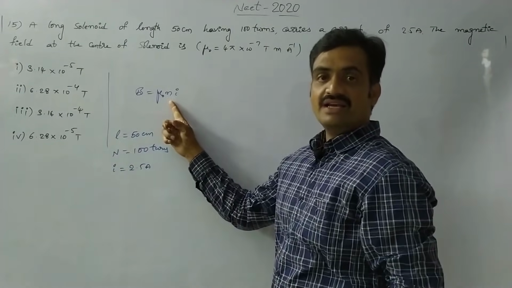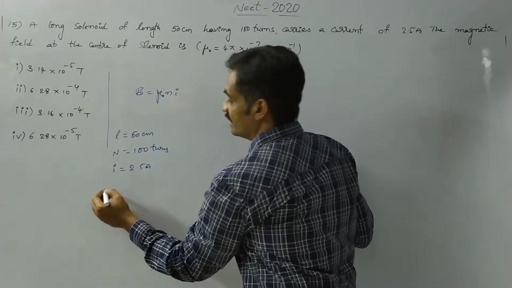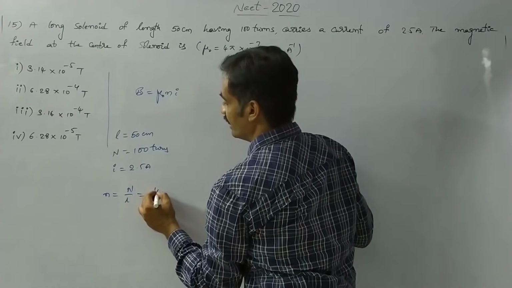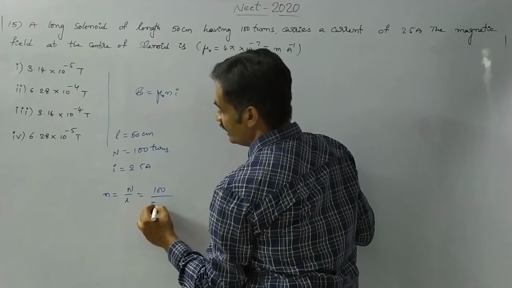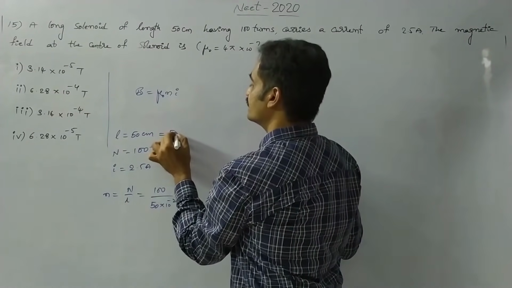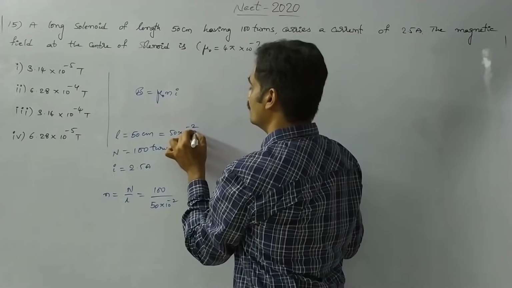Now we have to find the number of turns per unit length. Then small n = capital N/L, so we have 100/(50 × 10^-2), because 50 centimeters can be written as 50 × 10^-2 meter.